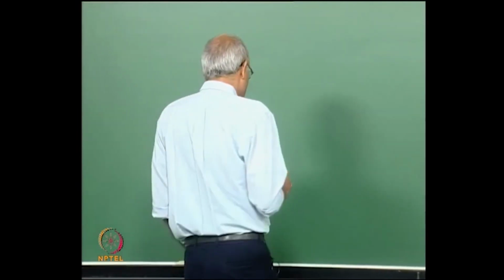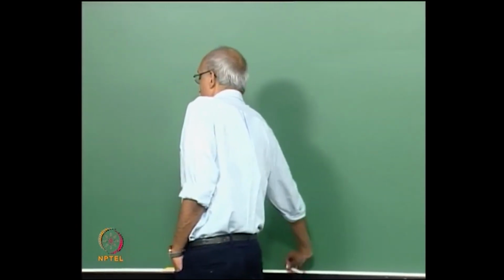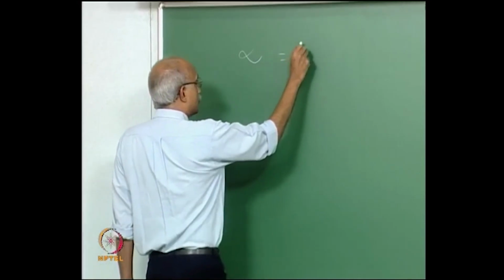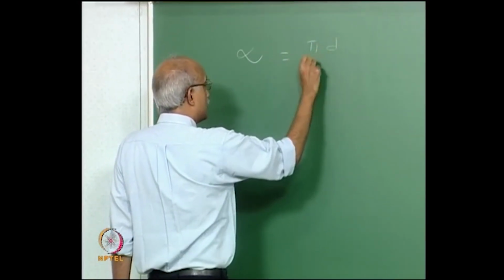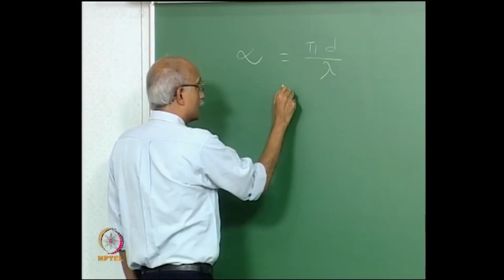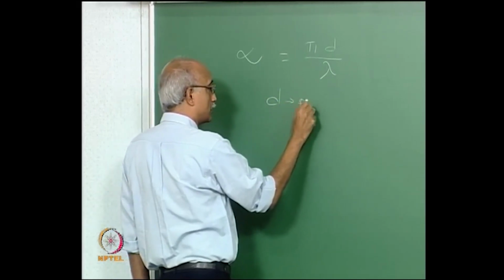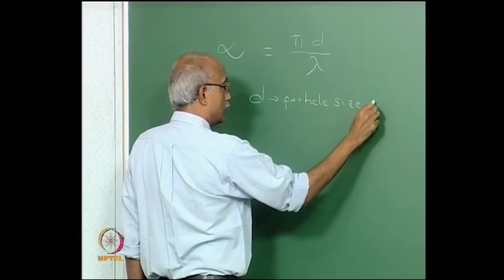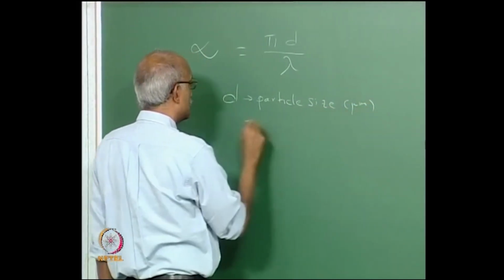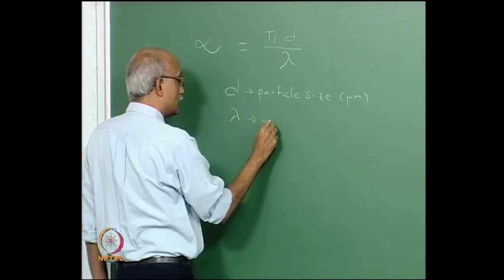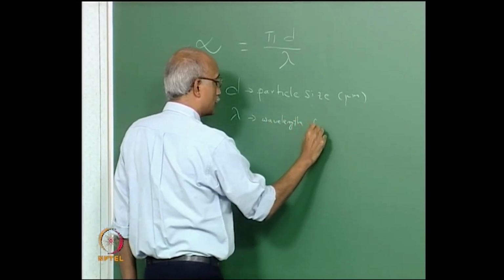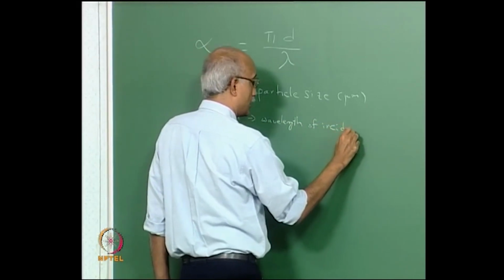The first one is alpha, which is defined as pi times d over lambda, where d is the particle size in micrometers and lambda is the wavelength of incident light.